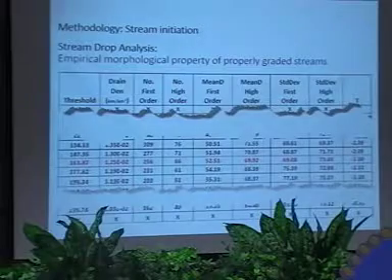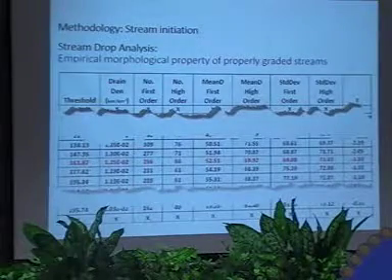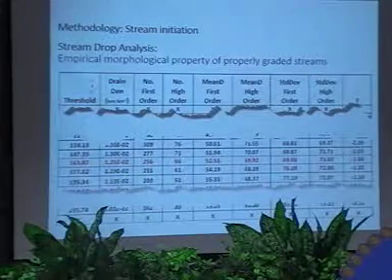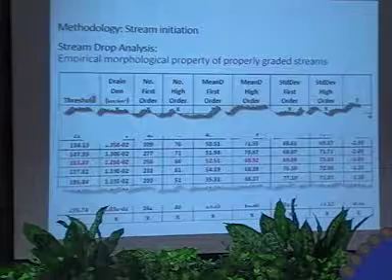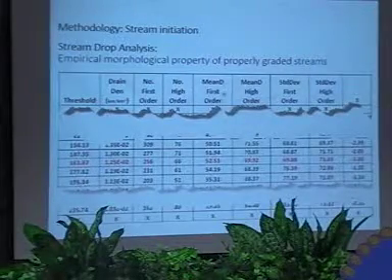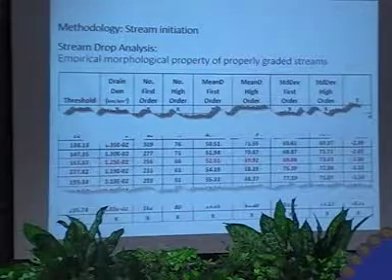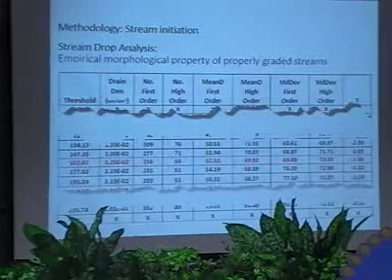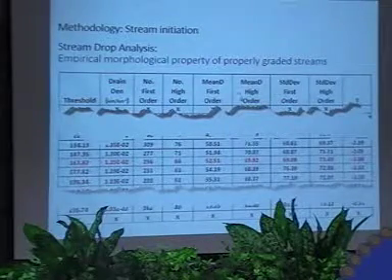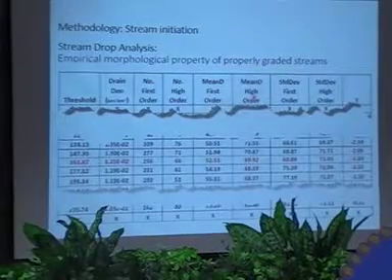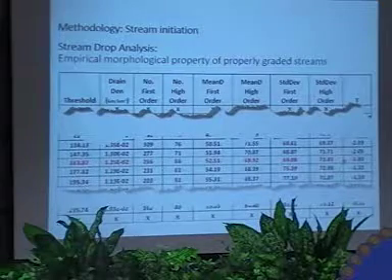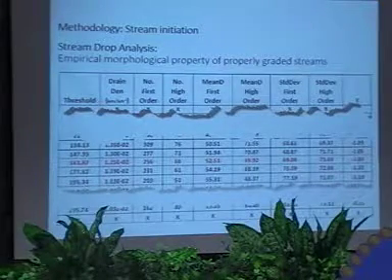and deposition. So what this method does, it takes a range of threshold values given in this first column here, and for each threshold value it computes a number of properties. Most important is the mean drop. It will take all the first order streams, calculate the average drop for all these first order streams, and then also the mean drop of all the higher order streams, and compare them in a t-test to find if there is a statistical difference between these two.